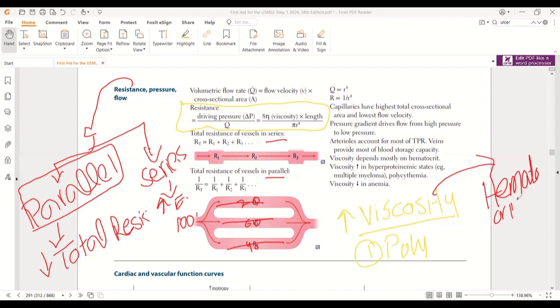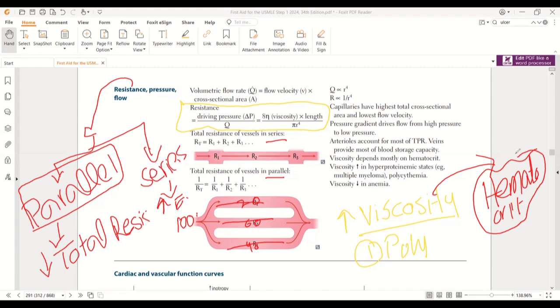What is hematocrit? It is the fraction or percentage of the RBC in the whole blood. If hematocrit is increased, any condition that leads to increased RBC will lead to increased viscosity, right?